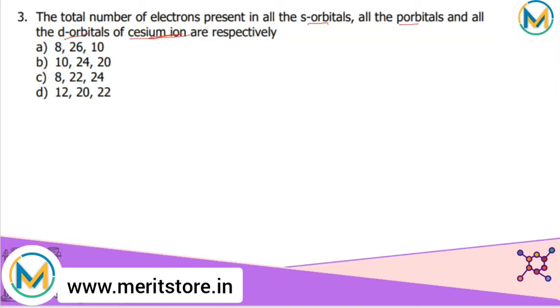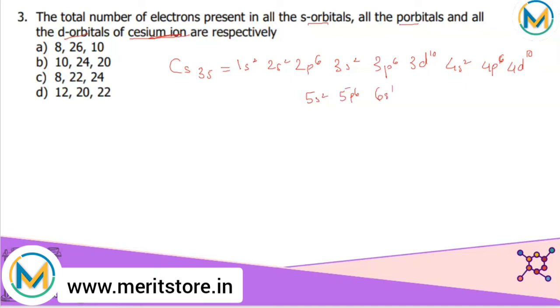So first of all, we need to know that cesium, atomic number 55, has electronic configuration 1s2, 2s2, 2p6, 3s2, 3p6, 3d10, 4s2, 4p6, 4d10, then 5s2, 5p6, and then 6s1. Now if we talk about cesium ion, it is Cs plus 1.